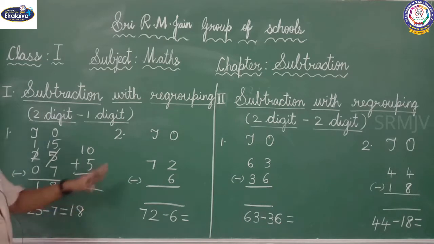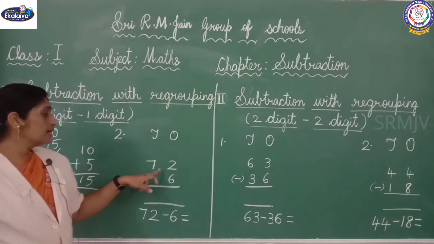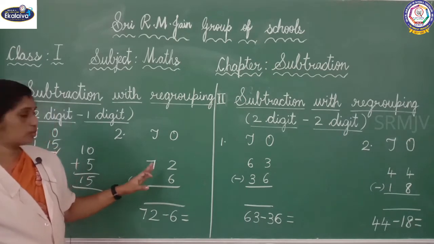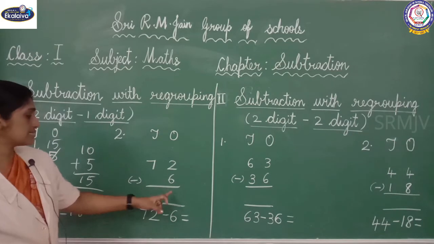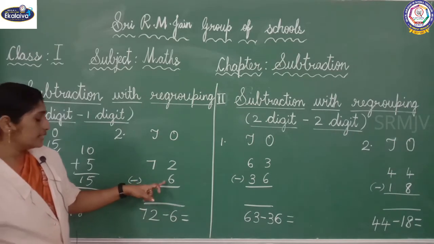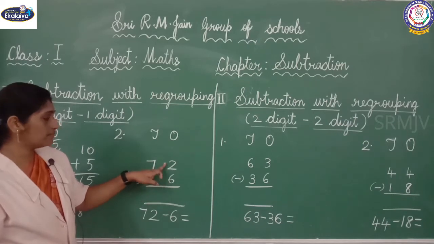Okay. And now I am going to teach you the next sum. Now I am going to subtract the ones. Here you can see the question 72 minus 6. It is not possible to subtract the 6 ones from 2 ones.